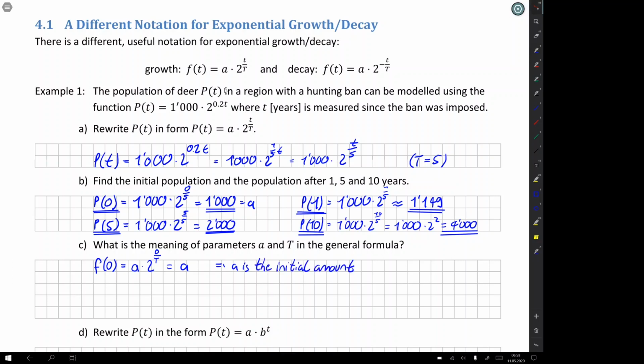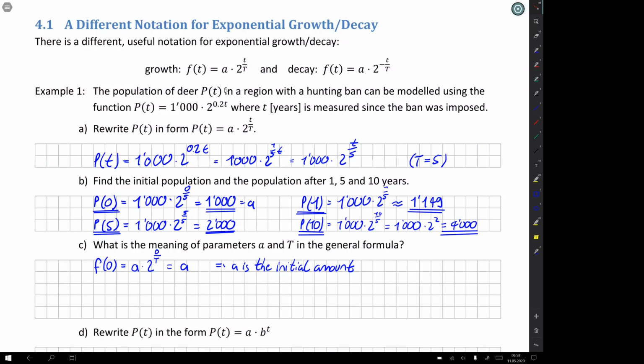What is the meaning of the parameter capital T? Well, in our example, we found that the capital T is 5, and what have we seen? The amount after 5 years is 2000, so double the original one, and after 10 years it's 4000, so the double of what it was 5 years ago. So we suspect that the capital T is this doubling time.